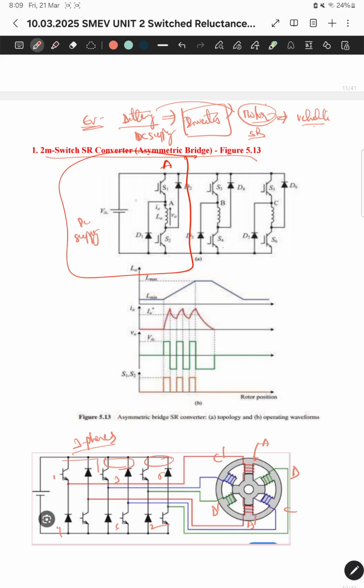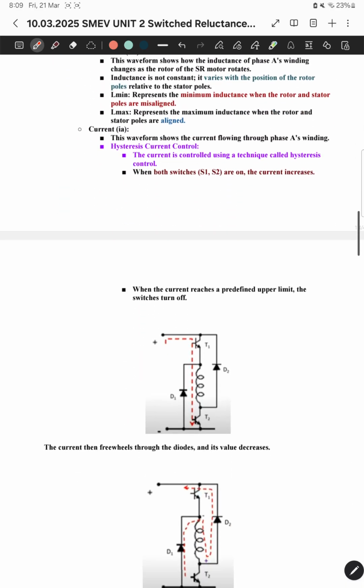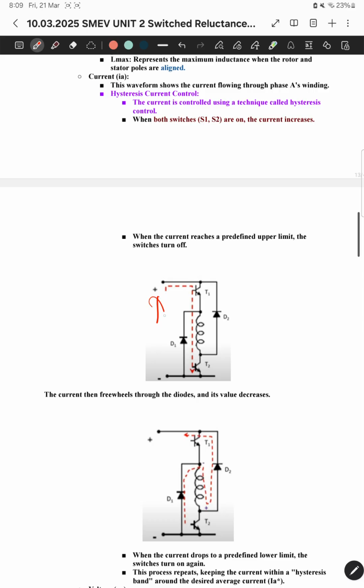When S1 is on and S2 is on, the DC supply is directly connected to the phase A winding, so power flows directly and is stored in the inductor. The coil winding stores the energy with plus and minus polarity in this manner. This is the DC supply.